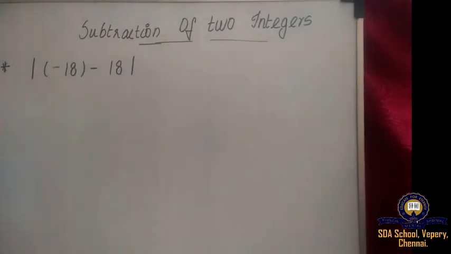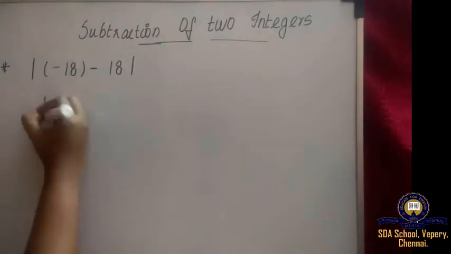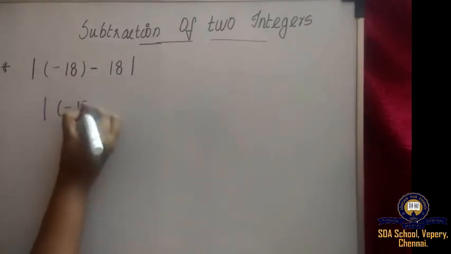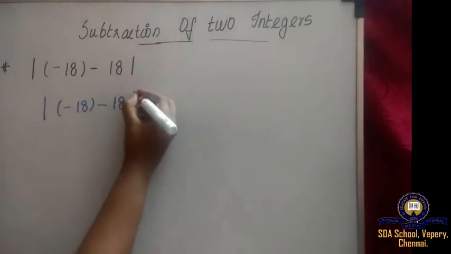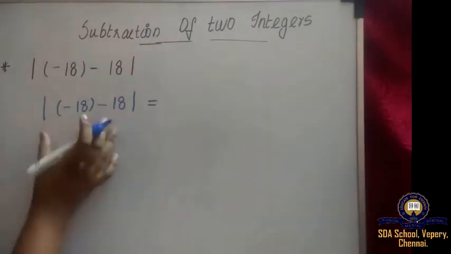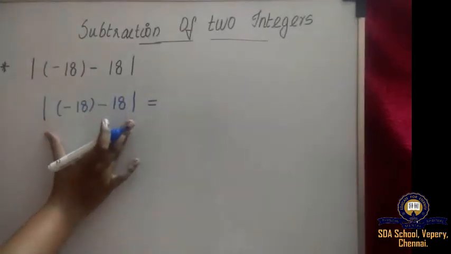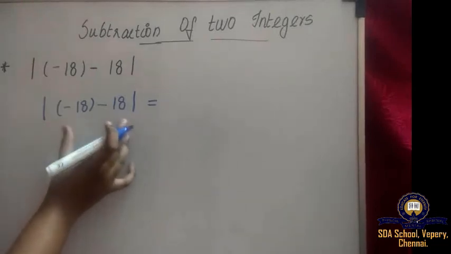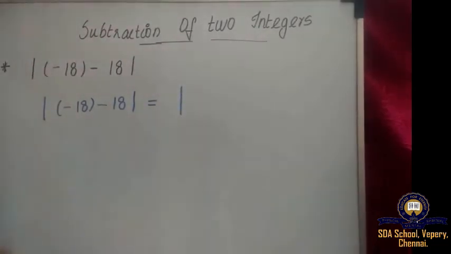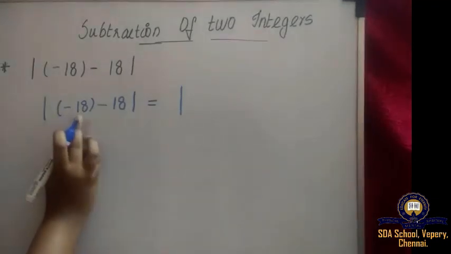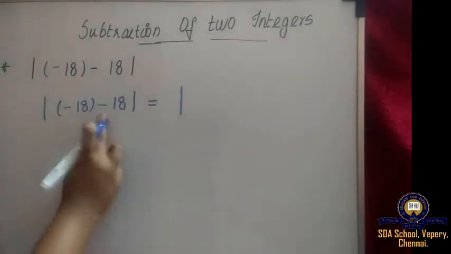Second problem. Look at this problem. Minus 18 minus of 18. So the two integers are written within the two poles. So first we will solve the two integers. Look here, minus 18 minus 18.